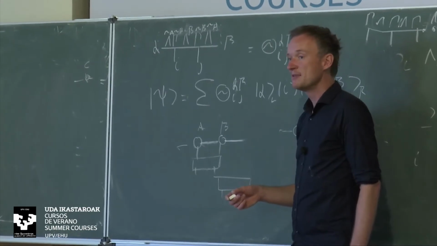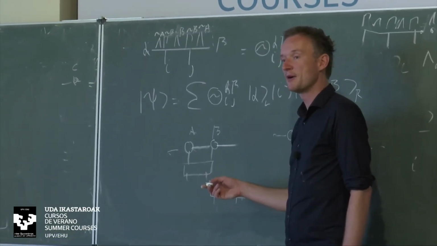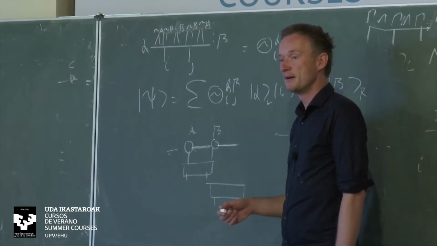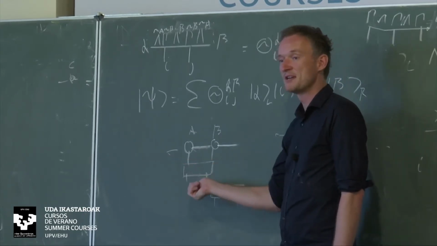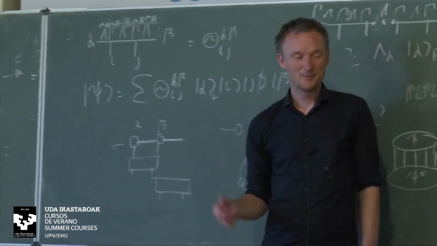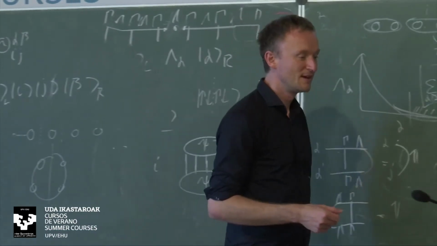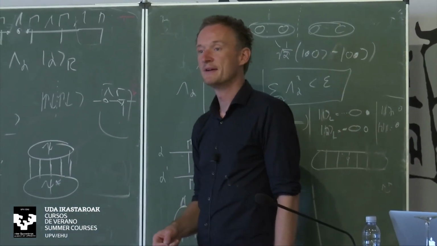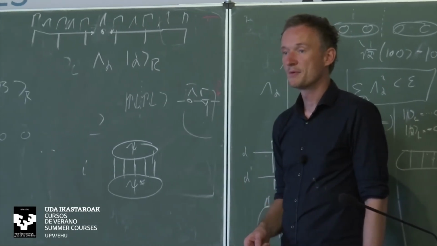I'm not aware of any way to do this TEBD algorithm without artificially breaking the translation symmetry. There are other algorithms, like the ones I'm showing in a minute, where you don't have to do this, but for the TEBD algorithm, you would have to.